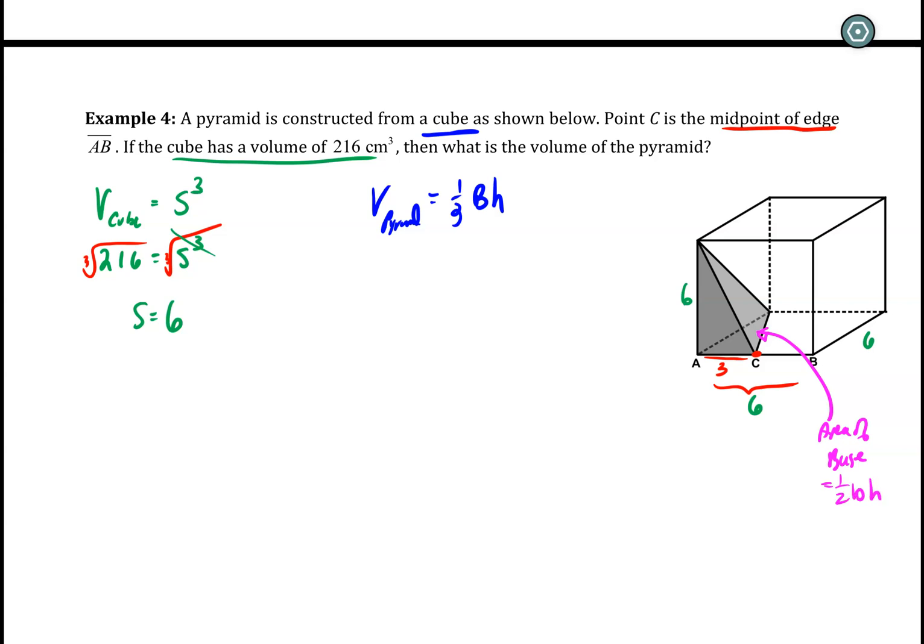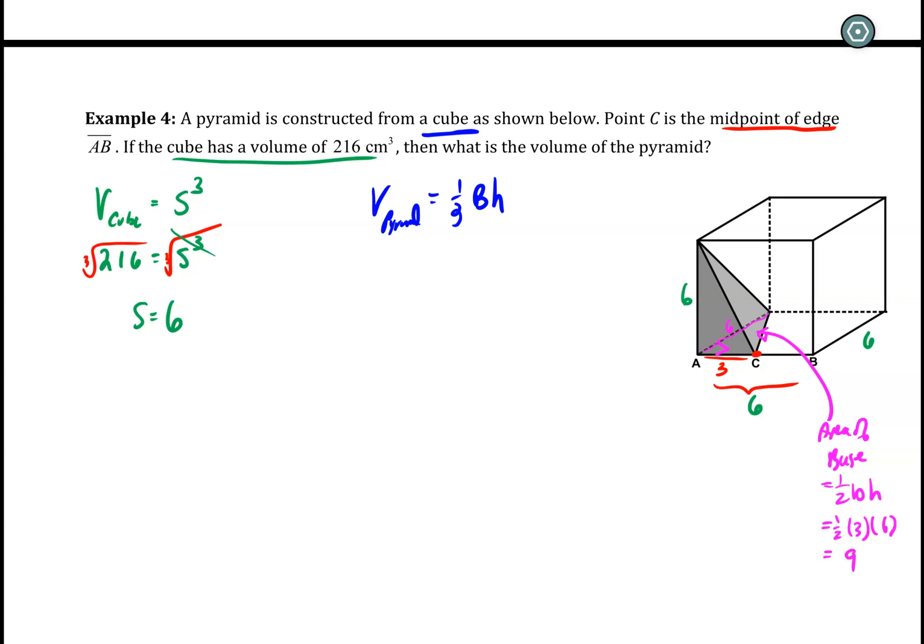Now again, remember the height and the base, these are different bases and heights because we're referring to a different figure. So I've got a base here. Now this is a cube, so I know that this is a right angle here. So that's my base, which would mean this is my height of the base, which is also 6. So now I can say 1/2 base of 3, height of 6, that's going to get me 9.